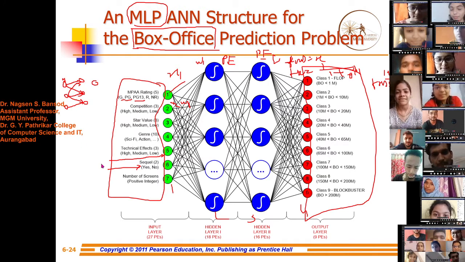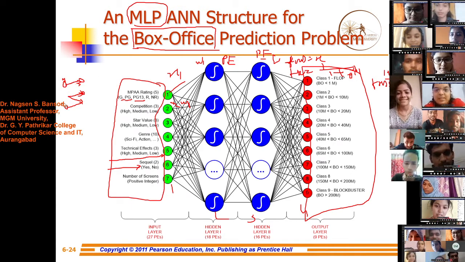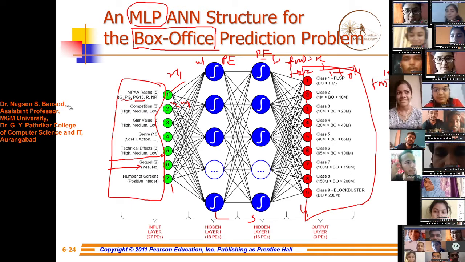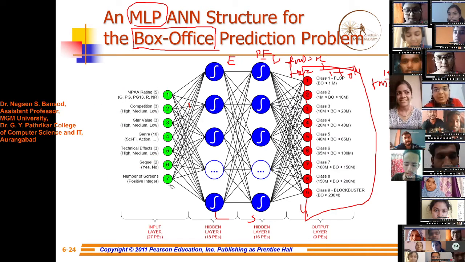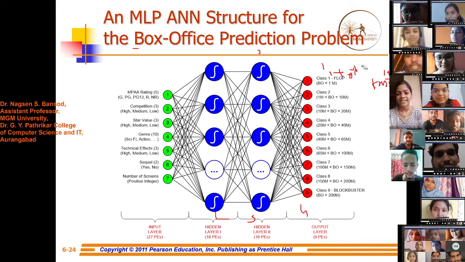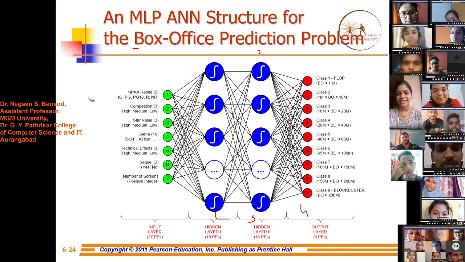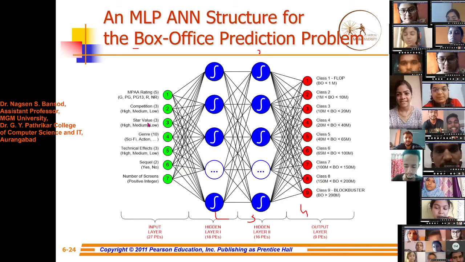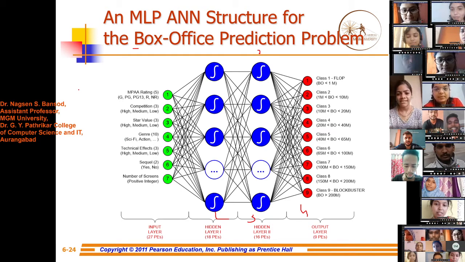Suppose we want to design a neural network like this, then we should be able to draw this architecture in the exam. Okay, for that I will show you how to design this. Suppose we have 3 inputs.